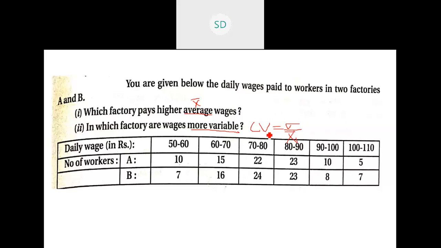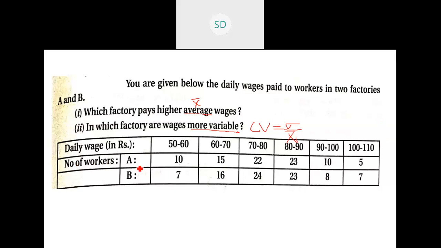So let us see the data given. The daily wages is given to us in continuous series. If you can see here, they have given to us the class intervals. Now these class intervals are supposed to be considered for solving the problem.